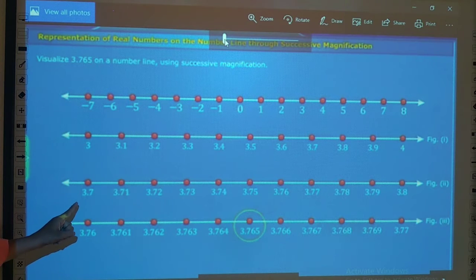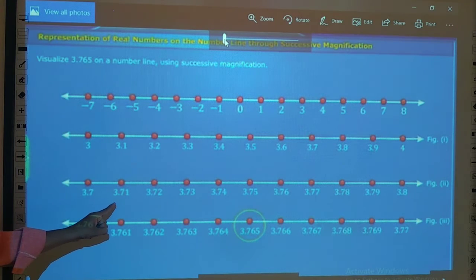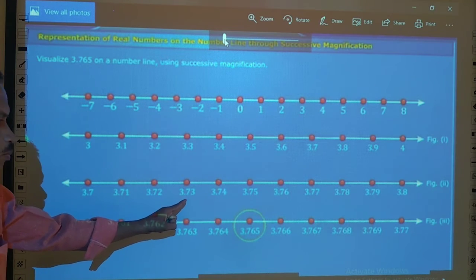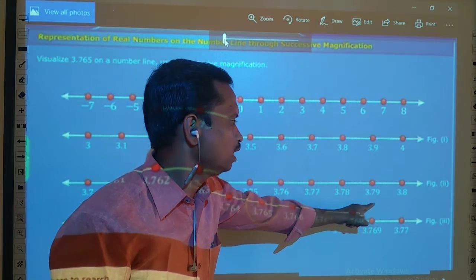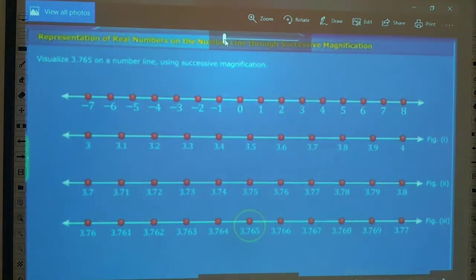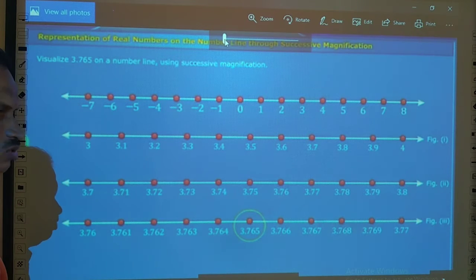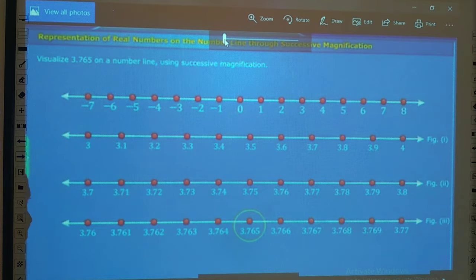So you see here 3.7 and then 3.71, 3.72, 3.73 and so on, 3.78, 3.79 and 3.8. And now you look at the 1000th digit 5. After 6 it is 5. So after 6 to get 5 we have to magnify 3.76 and 3.77. Do you understand?